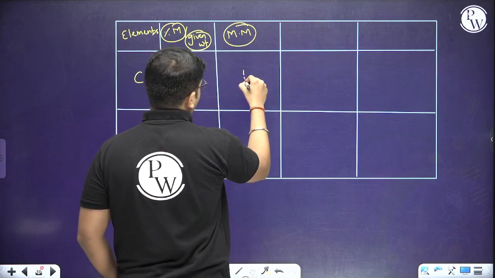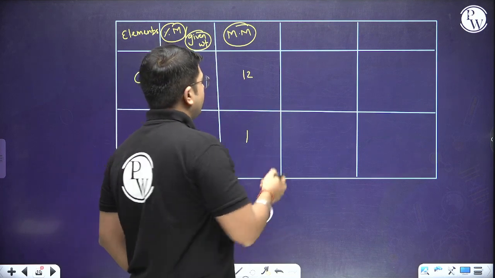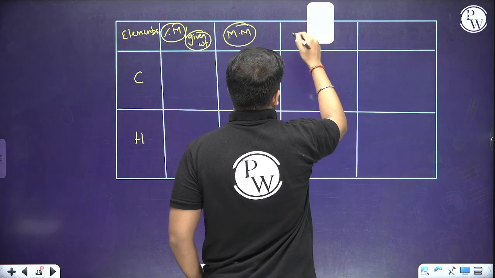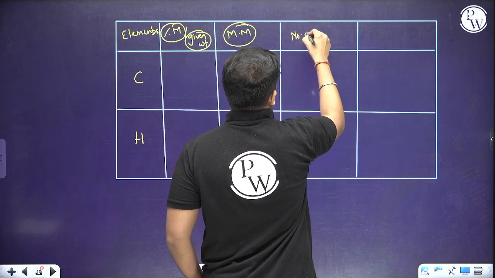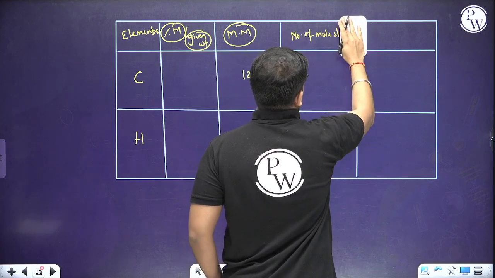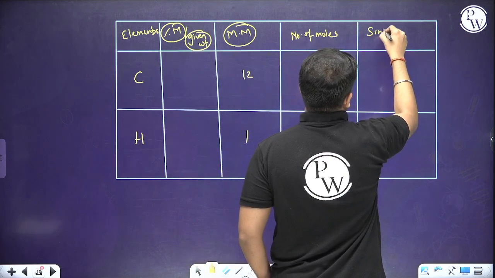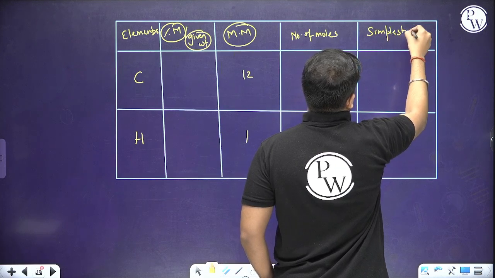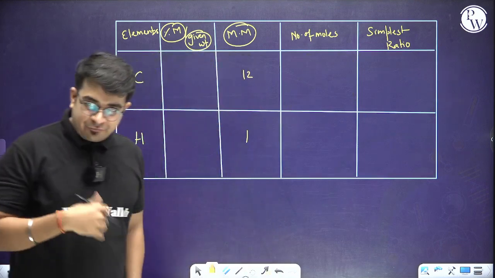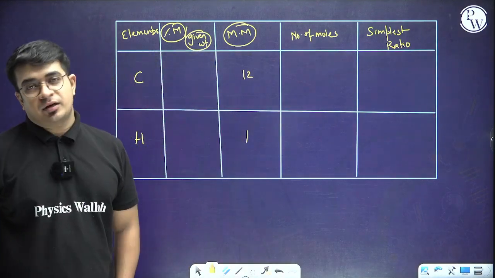In case of carbon, it is 12. In case of hydrogen, it is 1. Next part, you have number of moles. And last part is simplest ratio. Okay, if required, we will talk about the simplest whole number ratio also.